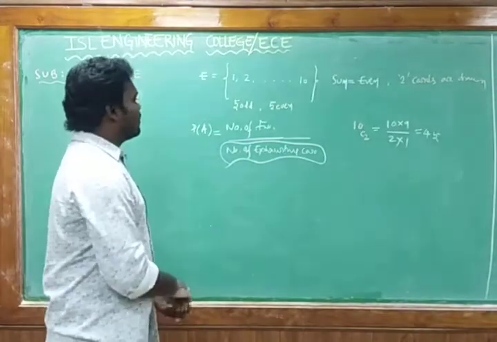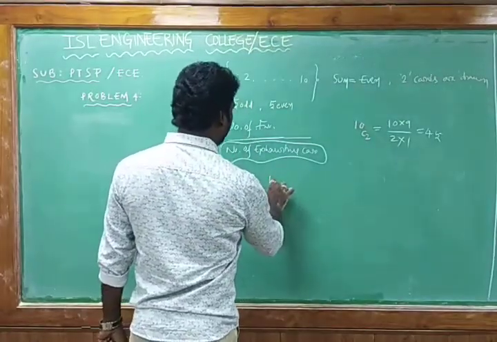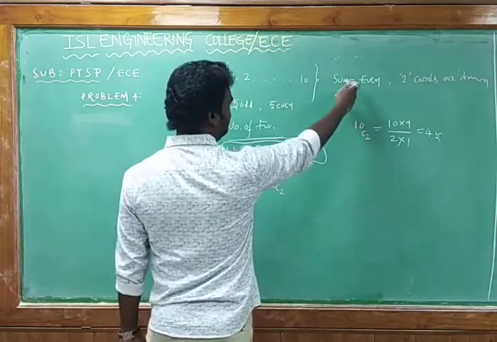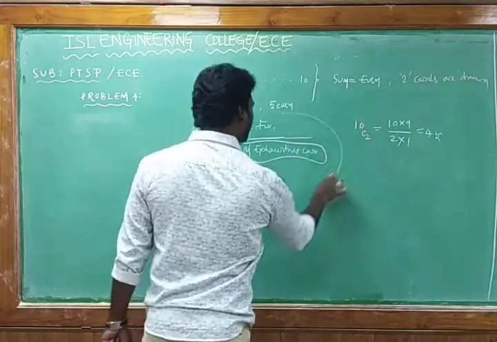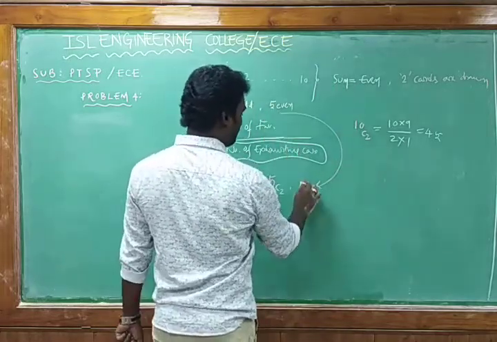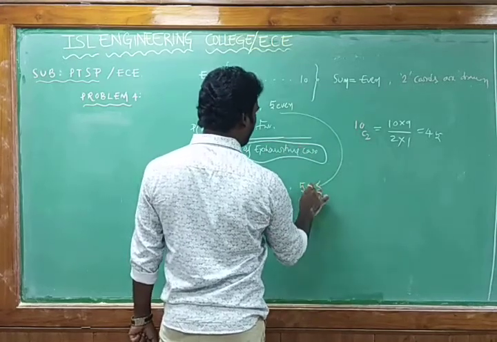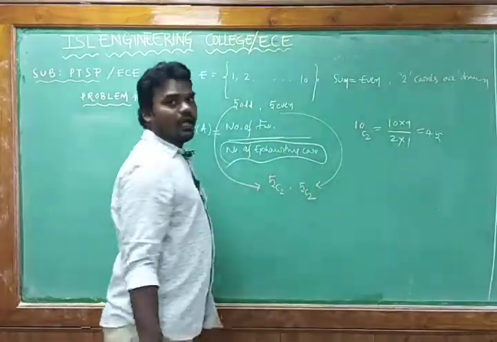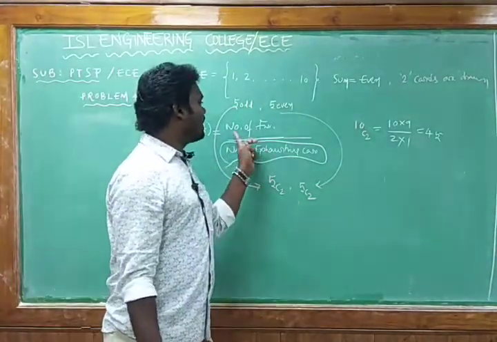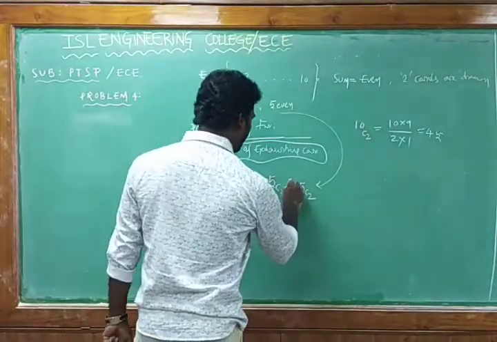There are 5 odd numbers, in which if I select any 2, the sum will be even. And the next one is that there are 5 even numbers, from which if I select any 2 even numbers, the sum will be even only. That is the total number of favorable cases.